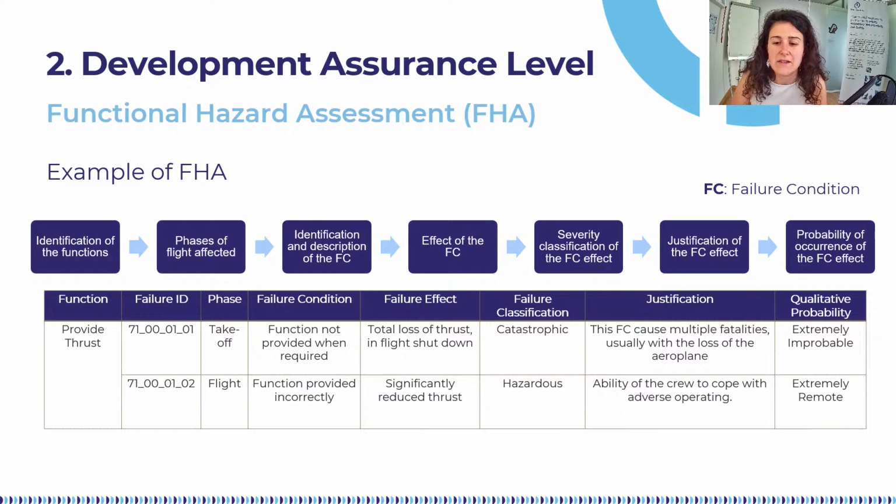So the one that is classified as catastrophic needs to comply with FDAL A and the hazardous B. Well, I didn't say it, but I will do the example of a civil aircraft or rotorcraft, so it will be in this example, the first one. So yes, the catastrophic will be A and the hazardous will be B.